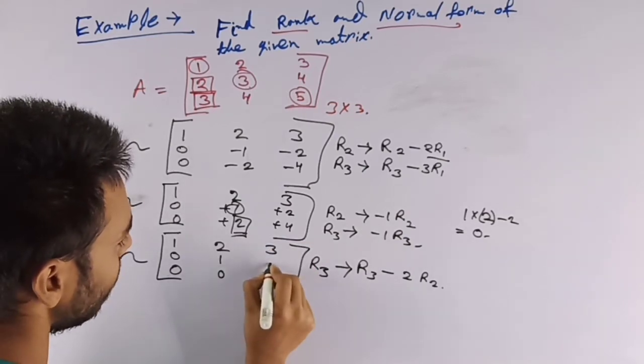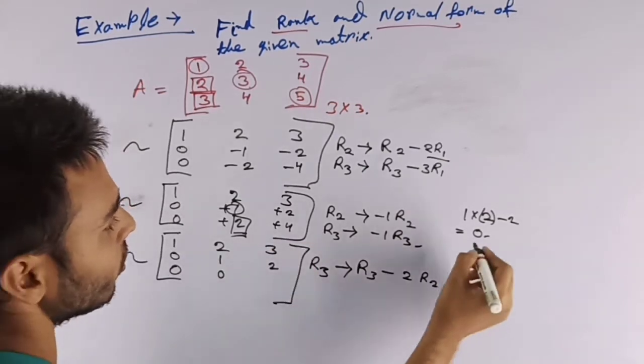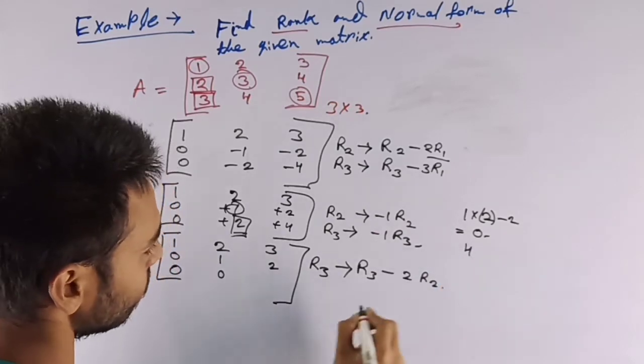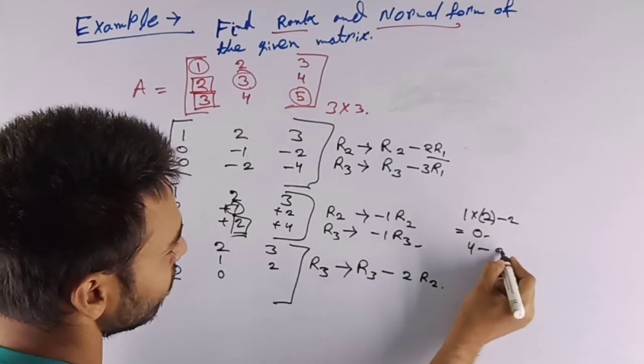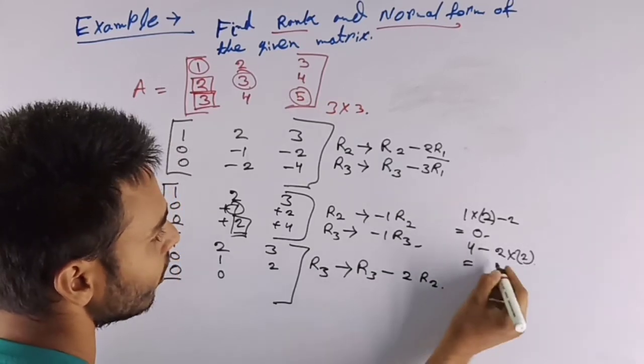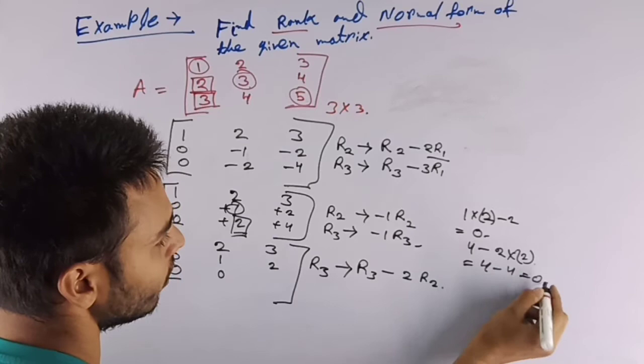So 2 1 0 and 3 2, and here I also write 4 minus 2 times 2, that equals 4 minus 4, that equals 0.